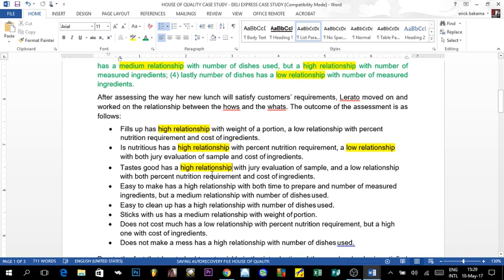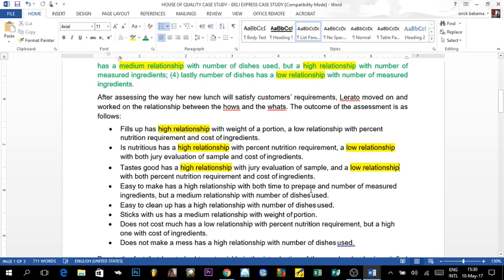And then they say that taste good has a high relationship with the jury of evaluation of sample, and a low relationship with both the percent of nutrition and the cost of ingredient.